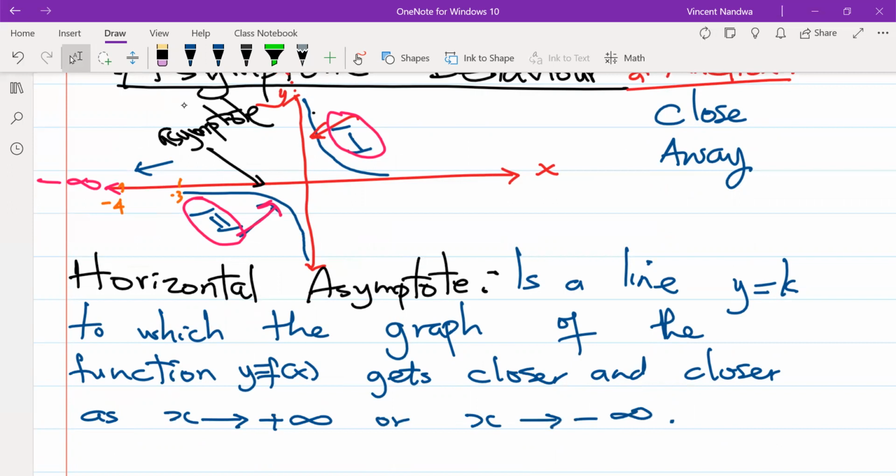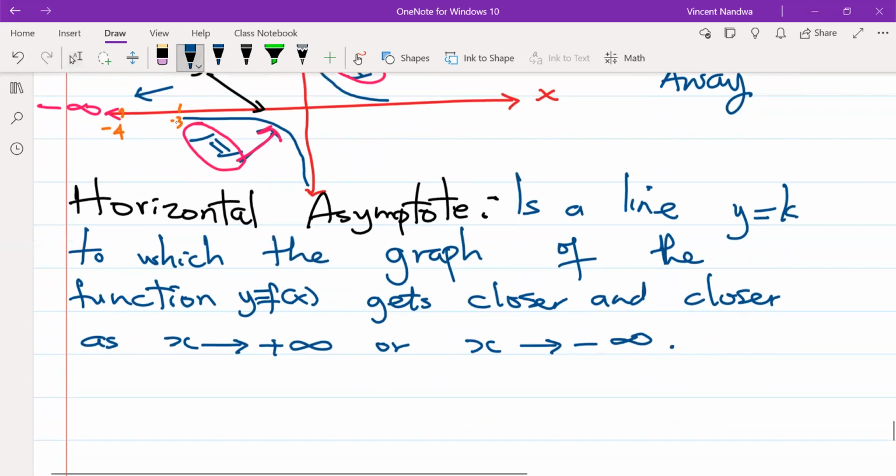So a line y equals k, to which the graph of the function y equals f of x gets closer and closer as x approaches both positive infinity and negative infinity, is called a horizontal asymptote.